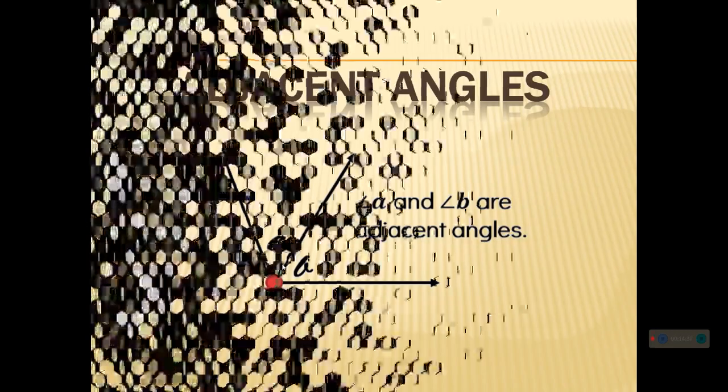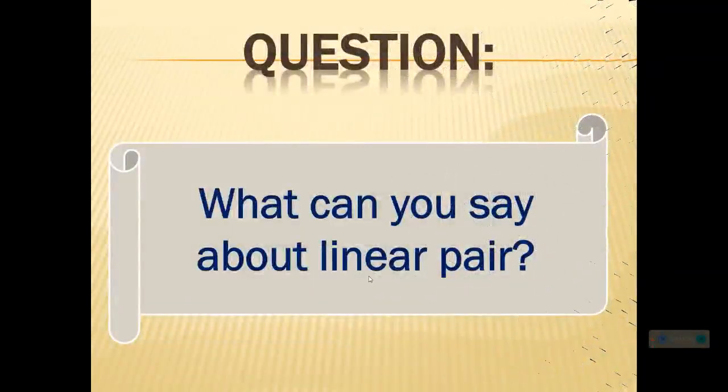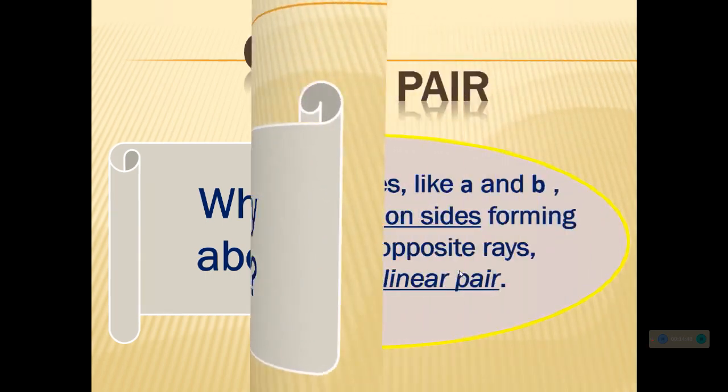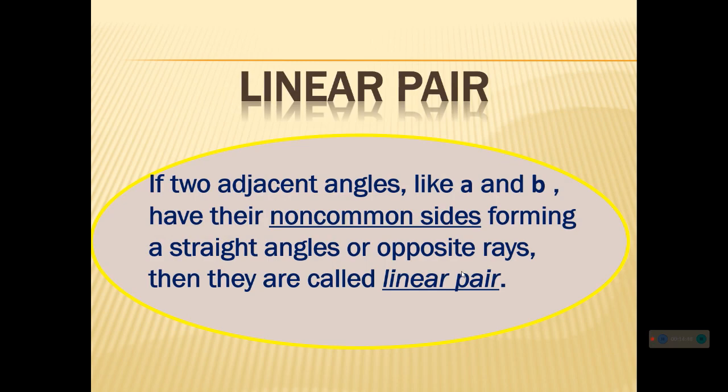Next, another term, the linear pair. Linear pair means two pieces of angles. If two adjacent angles, like A and B, have their non-common sides forming a straight angle or opposite rays, then they are called a linear pair.